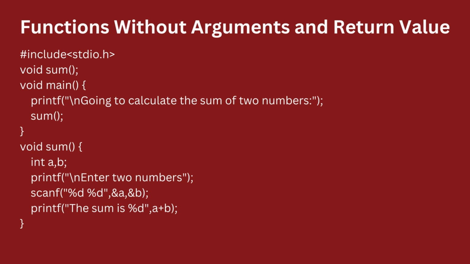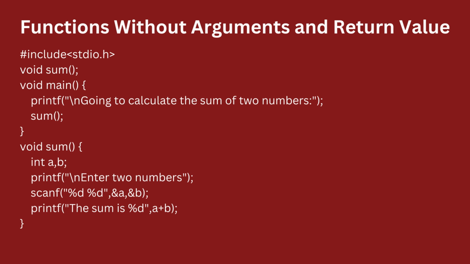Then in the second line, we declare a function with a null value and without return value. Without return value is defined as the void data type. When we define the void data type, it means it will not return any value to the function call.